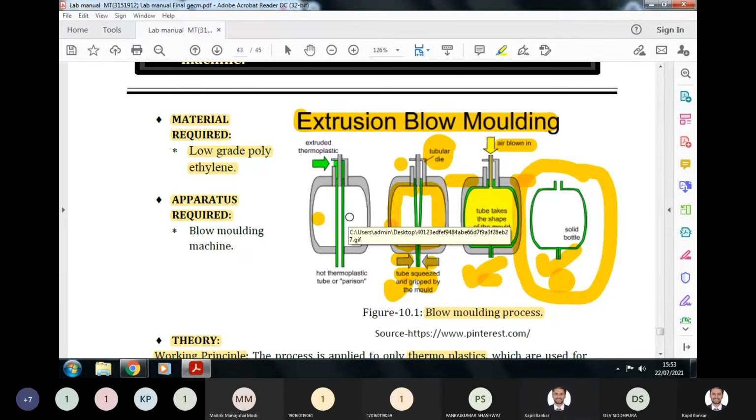This is the hollow plastic tube, and that is known as parison. The hollow plastic tube that is initially inserted or injected in the die is known as parison.